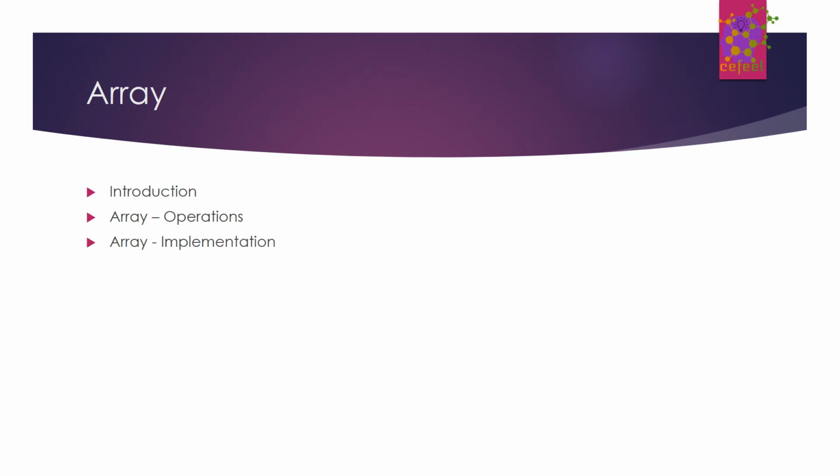Then we will see a little bit on how an array is implemented in various programming languages. We won't go into programming languages as such, because array is the simplest data structure, it's implemented in a very similar way across languages.